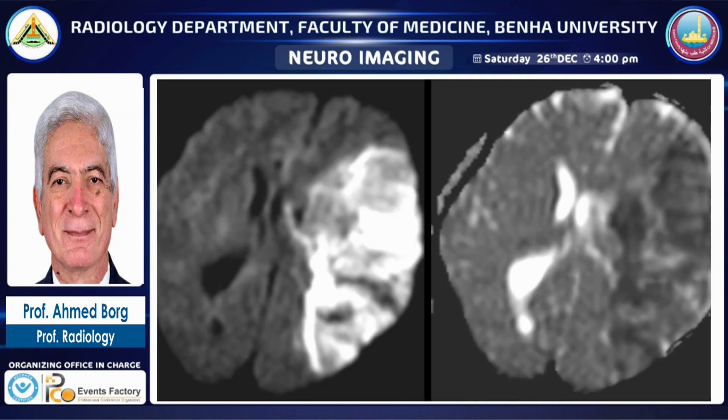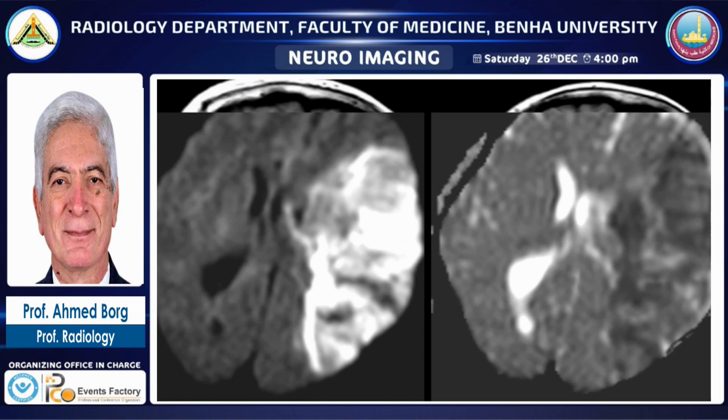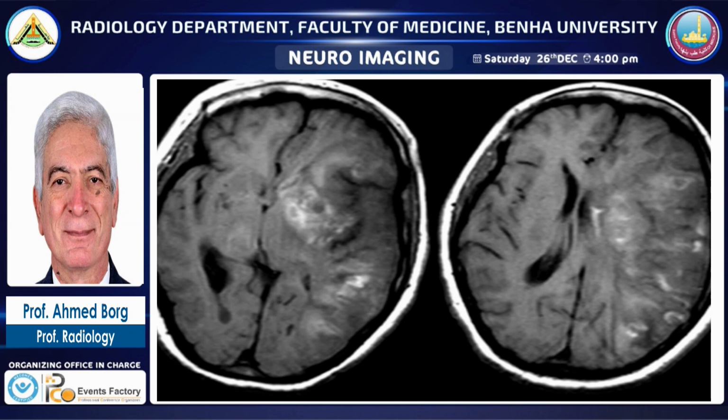On diffusion weighted image, it is hyperintense, and on ADC map it is hypointense, or there is diffusion restriction. This is how it looks on T1 weighted image without contrast.